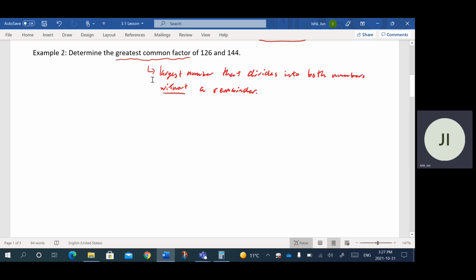So there's going to be a factor or a number that divides into both of these, 126 and 144, so that there's no remainder, and we want to find the biggest number that possibly does that.